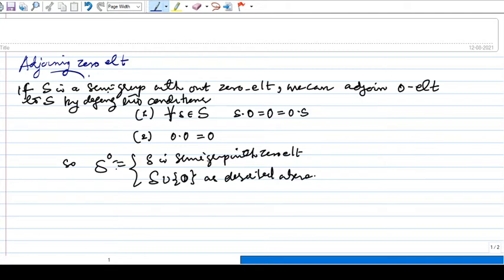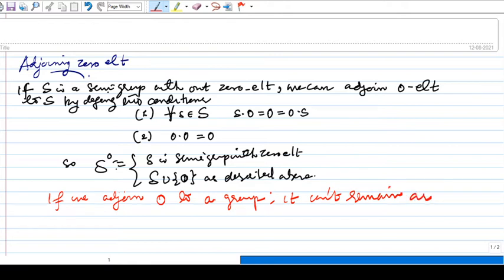The fact is, if we adjoin 0 to a group, it can't remain a group again.